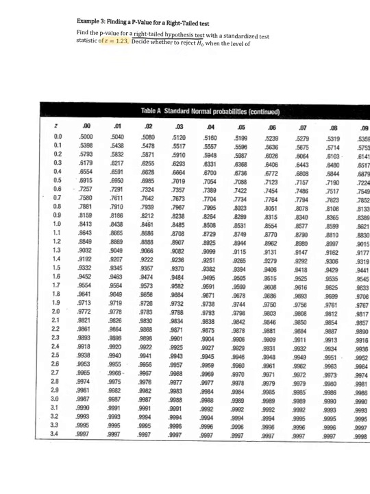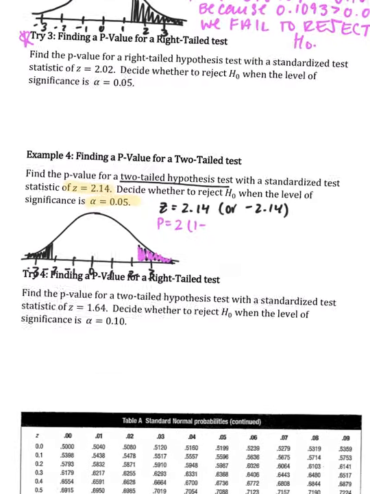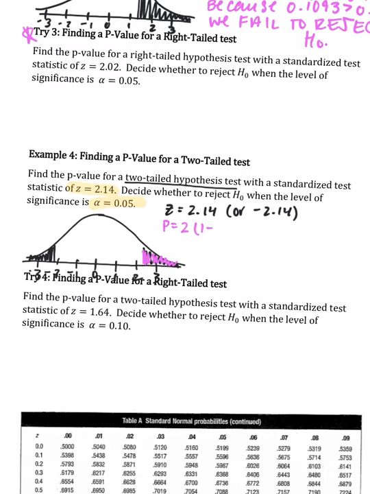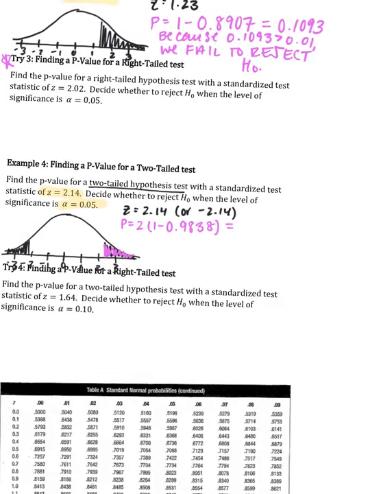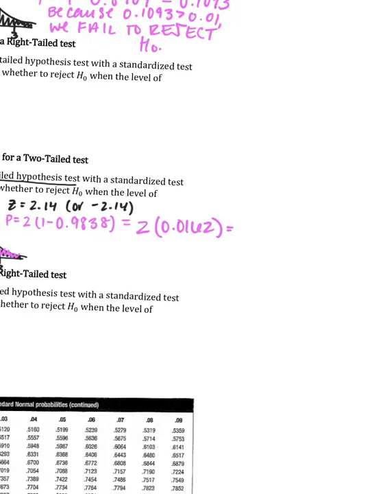Okay, so we go down to 2.1 and then over to 0.04. This is putting us at 0.9838. All right, so 1 minus 0.9838 is going to give us 2 times 0.0162, which gives us a total probability of 0.0324.